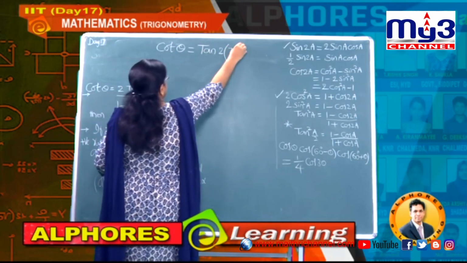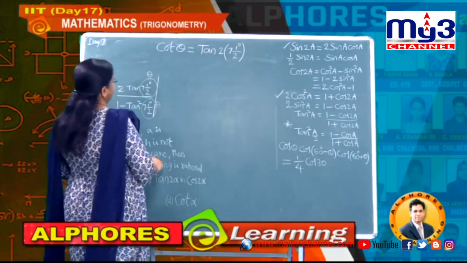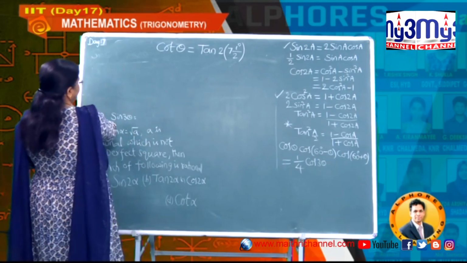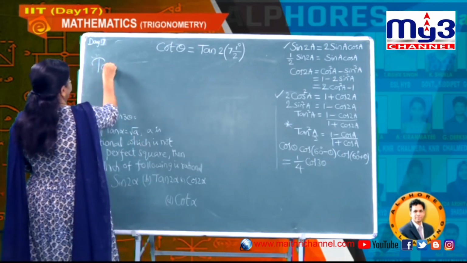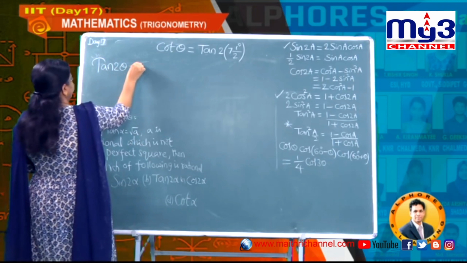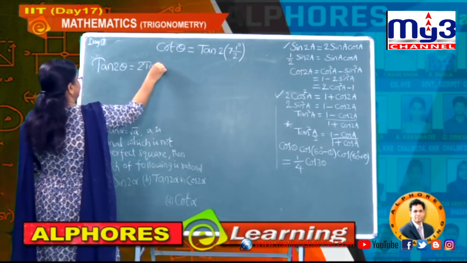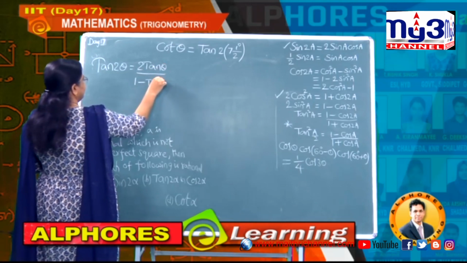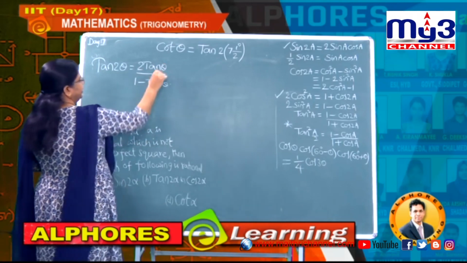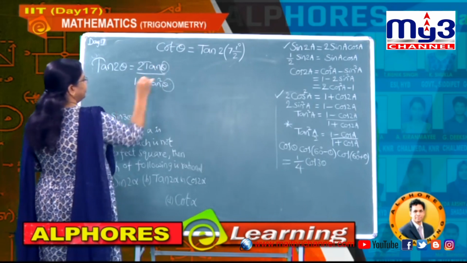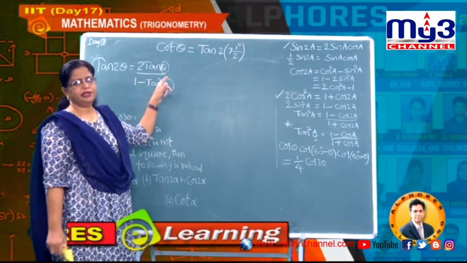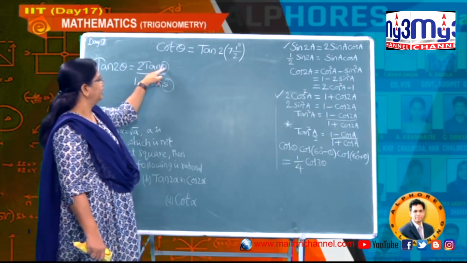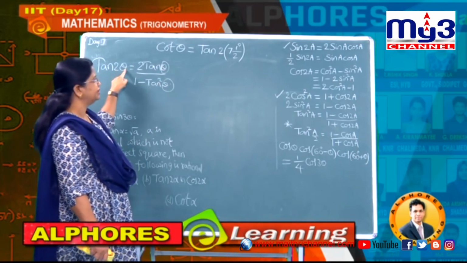Okay students. So which formula have we applied here? It is tan 2 theta equals 2 tan theta divided by 1 minus tan square theta. So this formula we have applied. Now in terms of theta, in this problem you have 7.5 degrees, so we wrote 2 into 7.5.